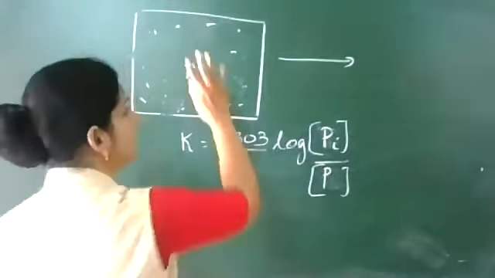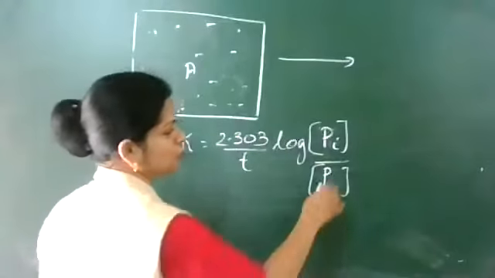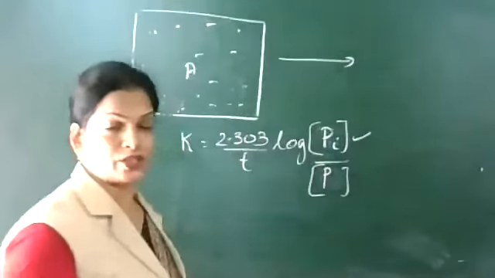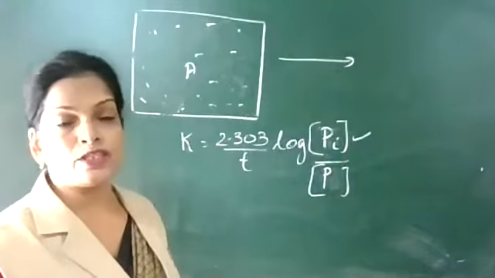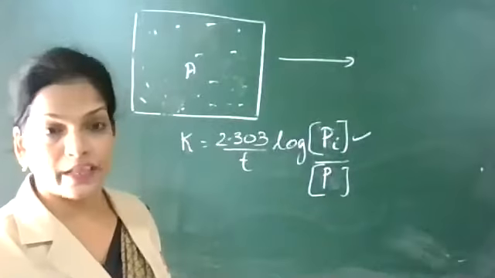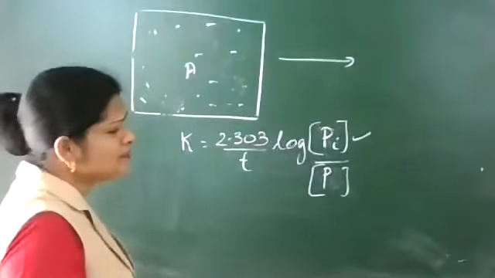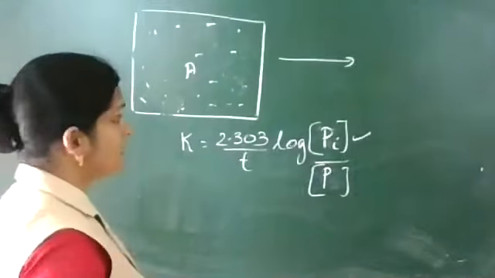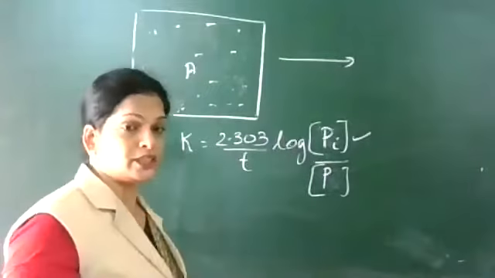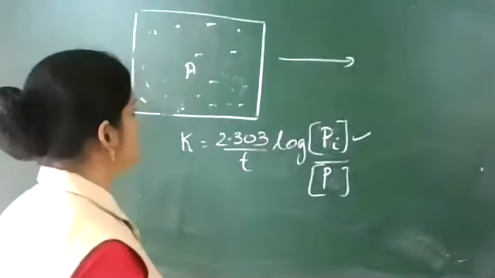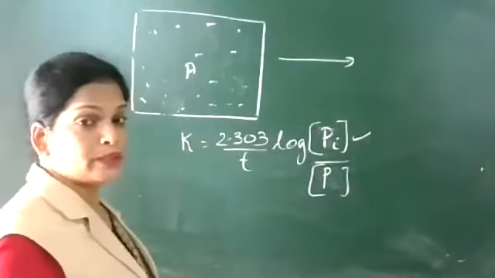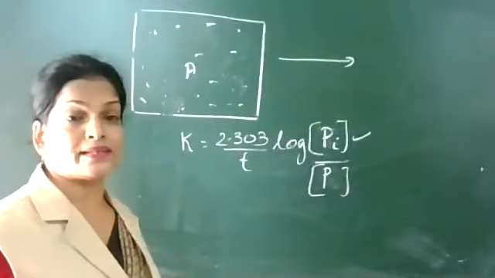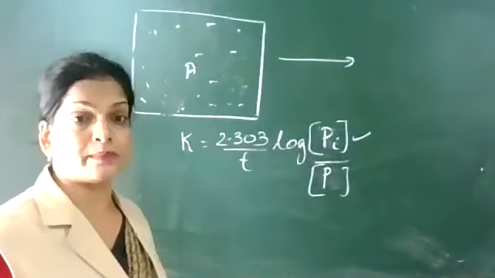You can measure its pressure, that is Pi, the initial pressure of the reactant A. Once the reaction is done, at any moment you can find the second measurement, that is P total.